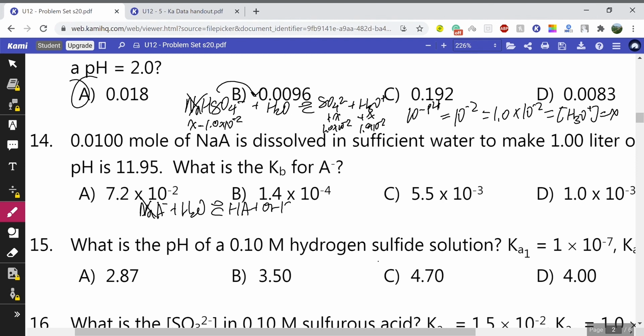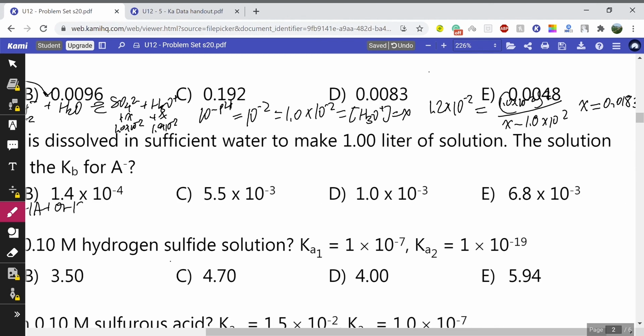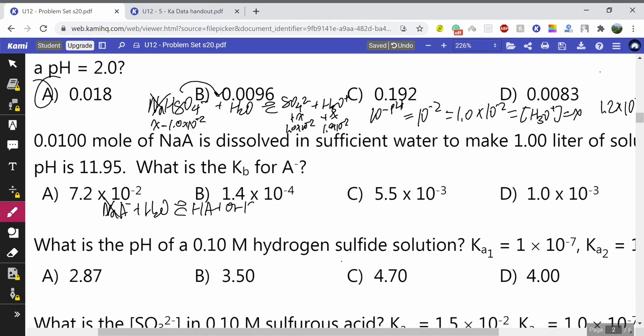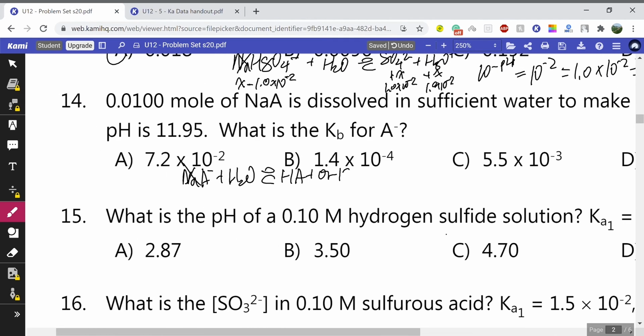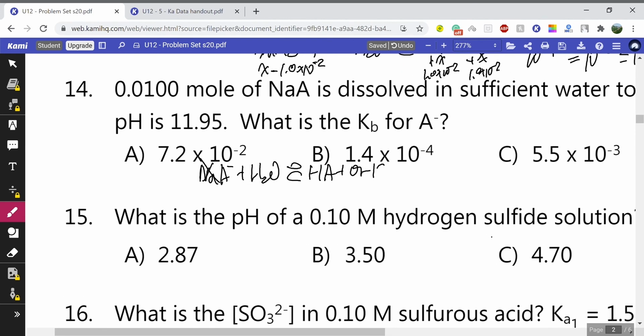Now we have 0.01 mole. Okay, now we just have to use everything to make a 1.0 liter solution, so we're going to use everything as moles. So this will be 0.01 mole, then 0, 0, minus x, and plus x.